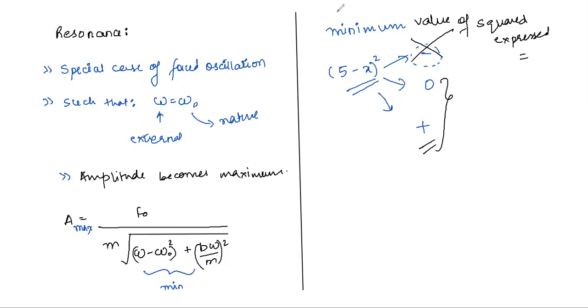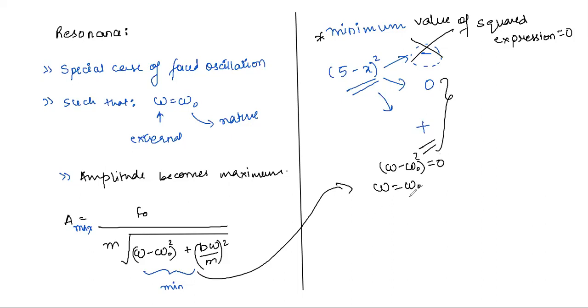Excellent. So the minimum value of a squared expression is zero. It means that this entire denominator will assume a minimum value when omega and omega naught are equal, correct? That is, when omega minus omega naught whole square is equal to 0, only then can the denominator assume its minimum value.